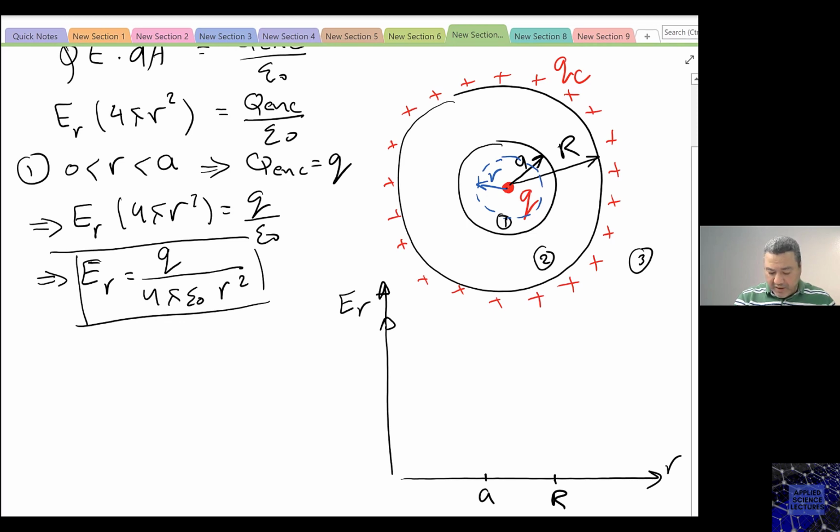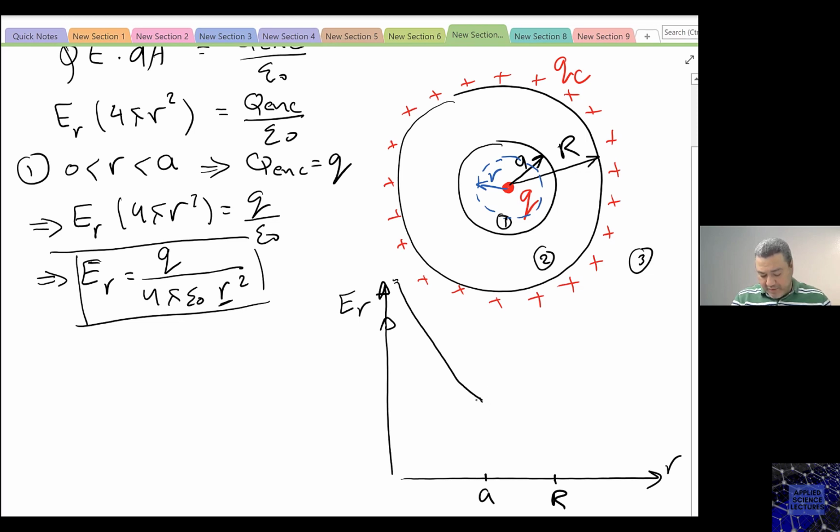So I will be drawing the response for the electric field. It will be coming from a relatively very high value, and then all the way down till it reaches the value for the electric field right at r equals a.